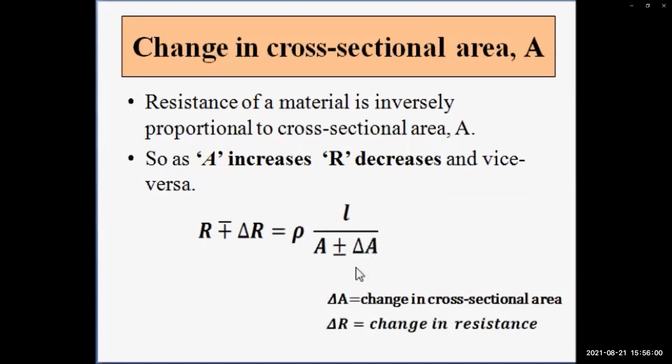So, an increase in the cross-sectional area, denoted by the positive sign, will lead to a decrease in the resistance, denoted by the minus sign, by a factor del R. And if there is a decrease in the cross-sectional area due to stretching or expansion of the material by a factor del A, there will be a corresponding increase in resistance by del R, denoted by the positive sign. Now, there are two important things here.